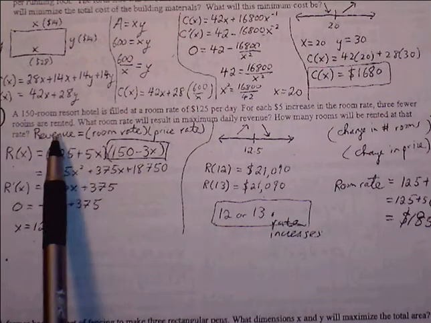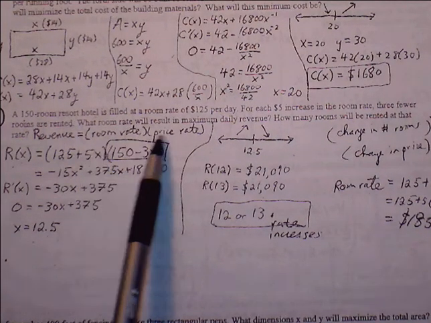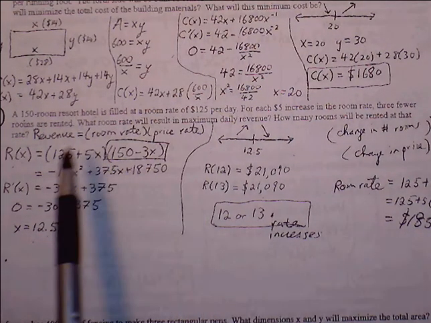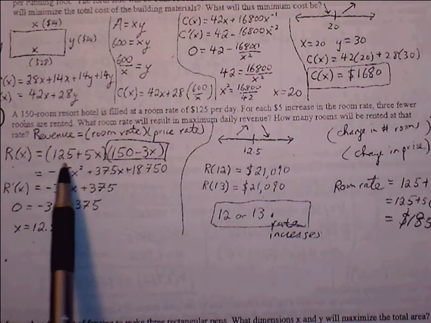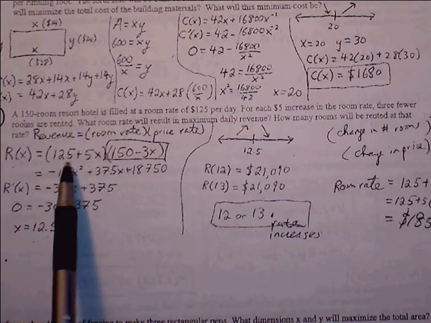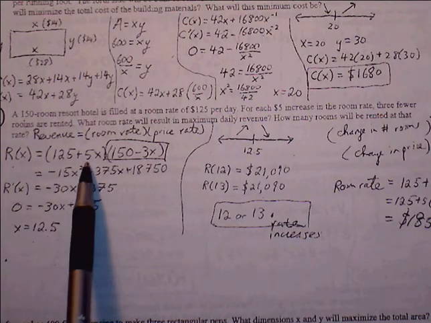So revenue is going to be the product of room rate times rooms rented. So the cost is $125 initially, and then they're trying to test out this $5 increase.